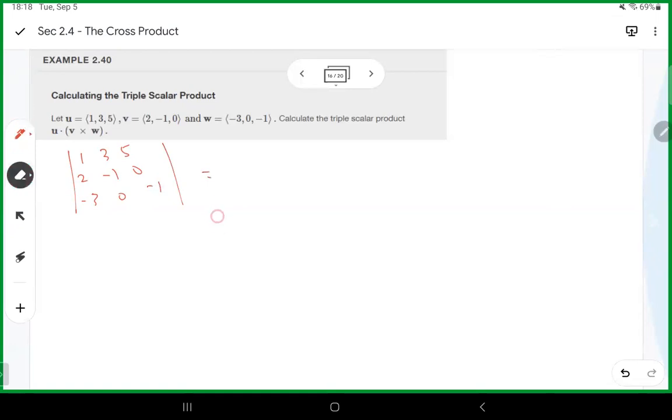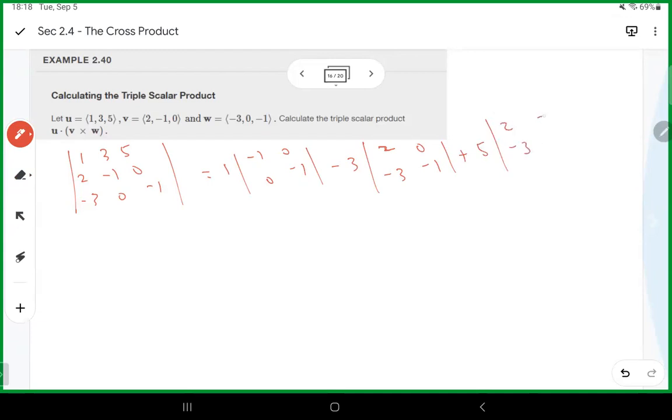All right. Then we're going to pull our stuff out. So 1 times the determinant of -1, 0, 0, -1, minus 3 times the determinant of 2, -3, 0, -1, and plus 5 times the determinant of 2, -3, -1, 0.